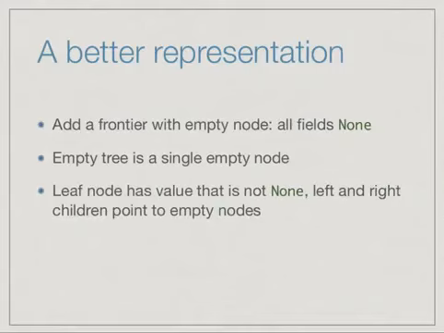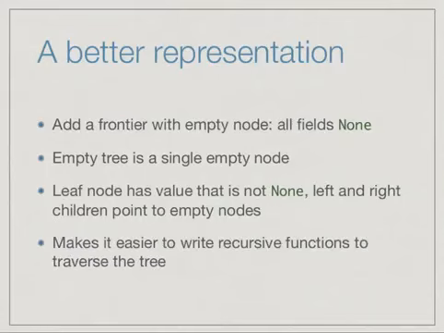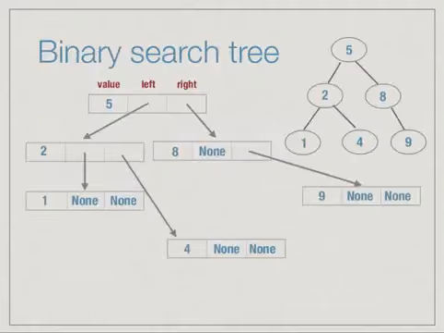And a leaf node that is not none will have a value and both its children will be empty nodes. So it won't directly have none as its left and right pointers. It will actually have children which are empty. This makes it easier to write recursive functions. If we don't do this, then it's a bit harder to directly implement recursive functions. So just to understand how our tree structure changes, this is the structure that we had before, the same example.